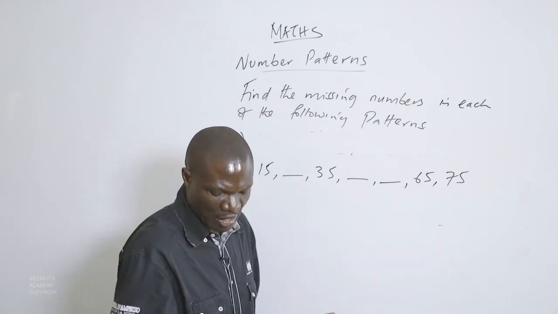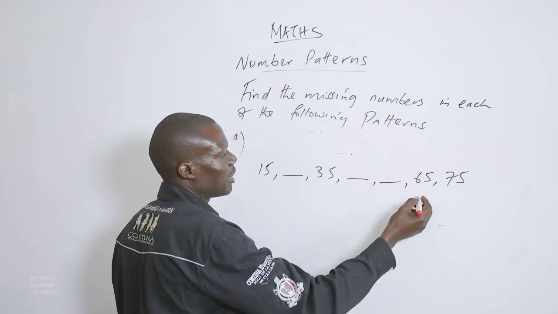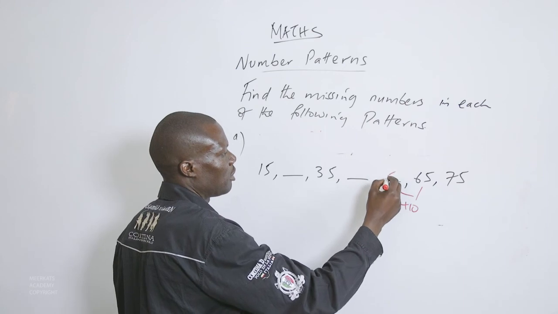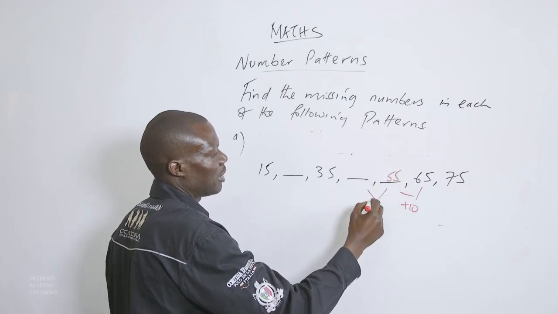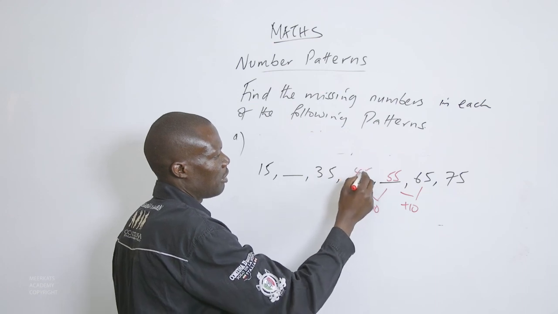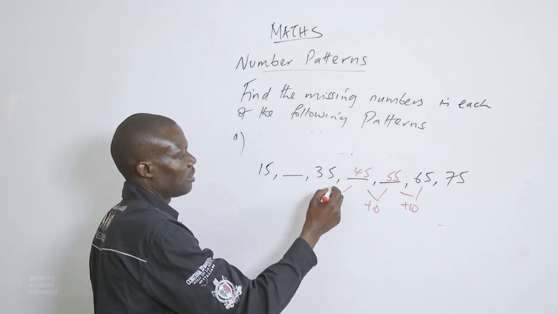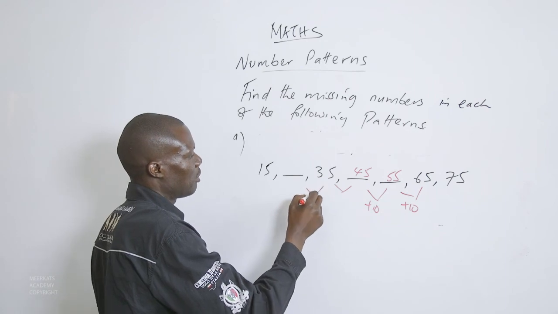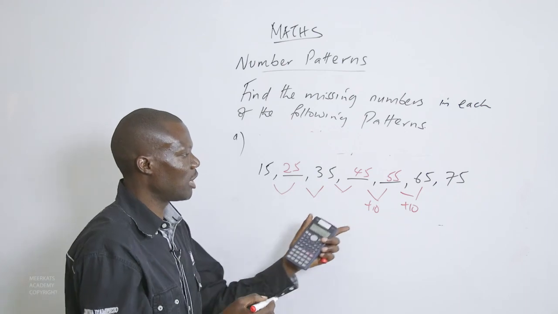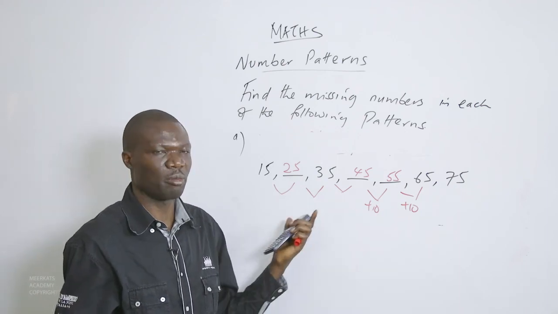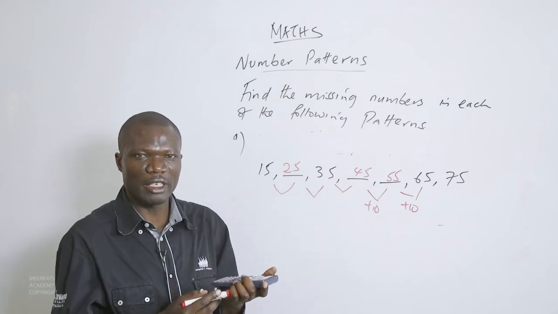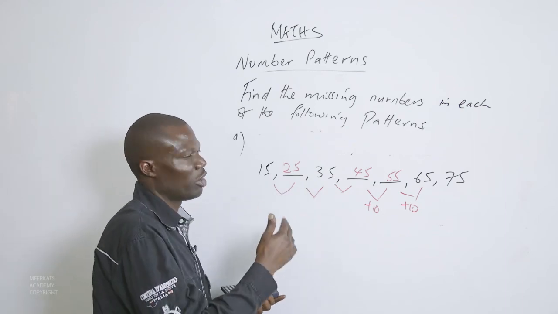If the difference here is 10, then 65 minus 10 should give us 55. 55 minus 10 should give us 45. 45 minus 10 should give us 35. And 35 minus 10 should give us 25. I'm saying minus as a right plus because I'm coming backwards. So if 15, when we move to the right, we are adding 10 at any given point.